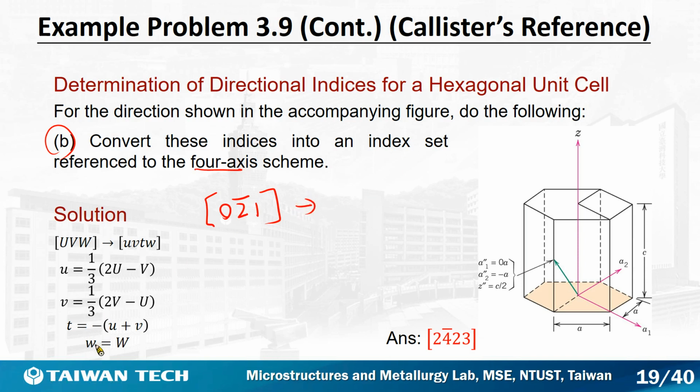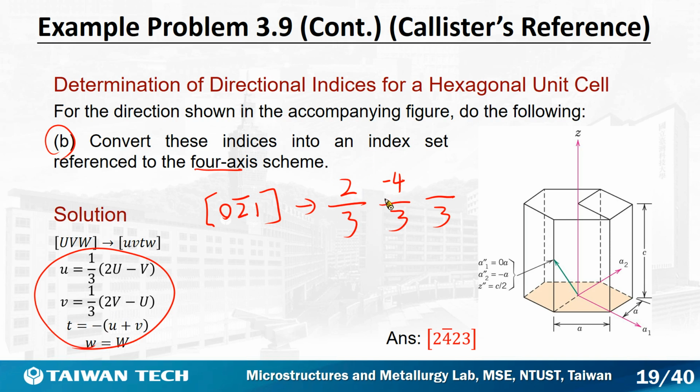Okay, so use these equations. 1/3 (2u minus v), 2u minus v, 2. 1/3 (2v minus u), and then t is minus the sum of these two.